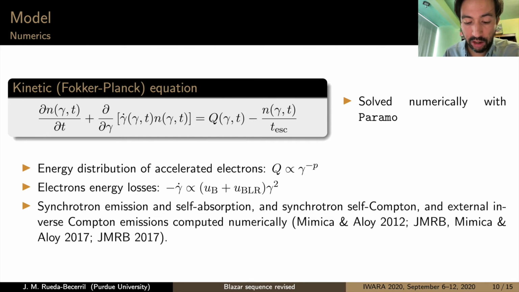The energy losses are going to be of the synchrotron and radiative kind, and the radiation calculated for this system is going to be synchrotron self-absorption, of course, and synchrotron self-Compton and external inverse Compton emission. All of them computed numerically for every snapshot of the electron distribution calculated here.